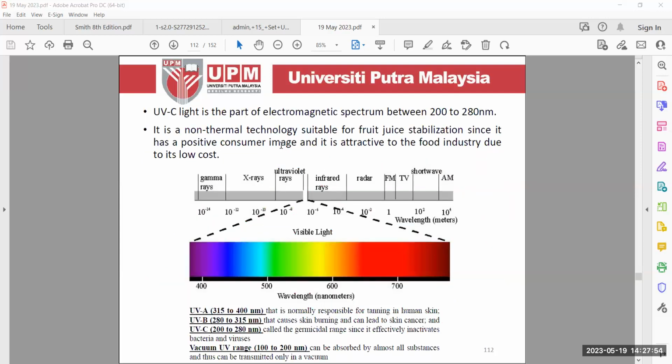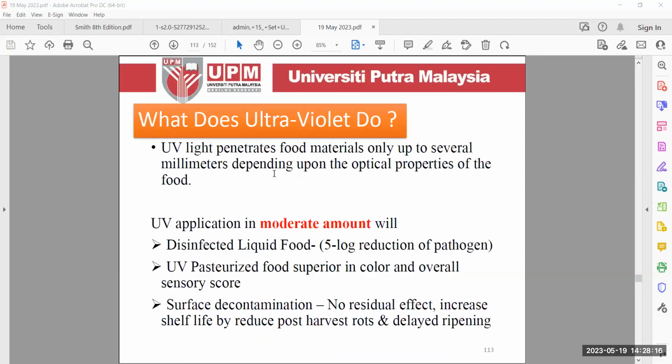Okay, so UVC is part of the electromagnetic spectrum between 200 and 280 nanometers. It is suitable for fruit juice stabilization since it has a positive consumer image and it is attractive to the food industry due to its low cost. Okay, so what it does is basically it penetrates.